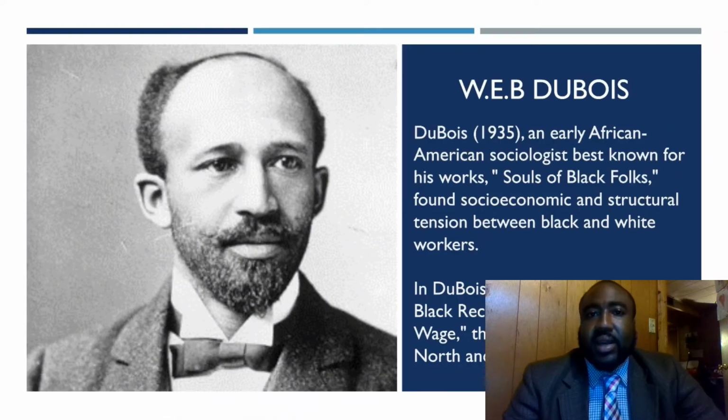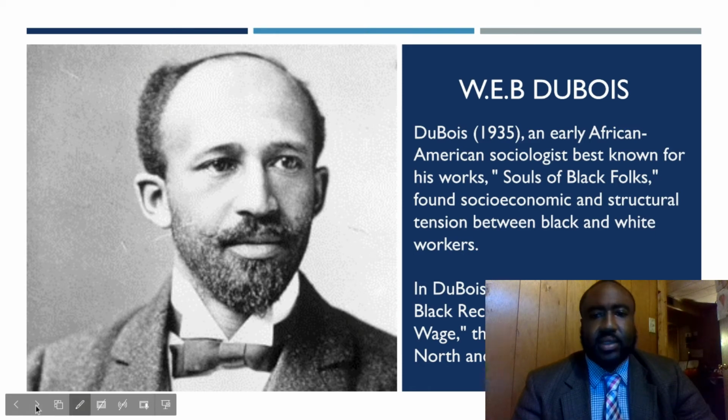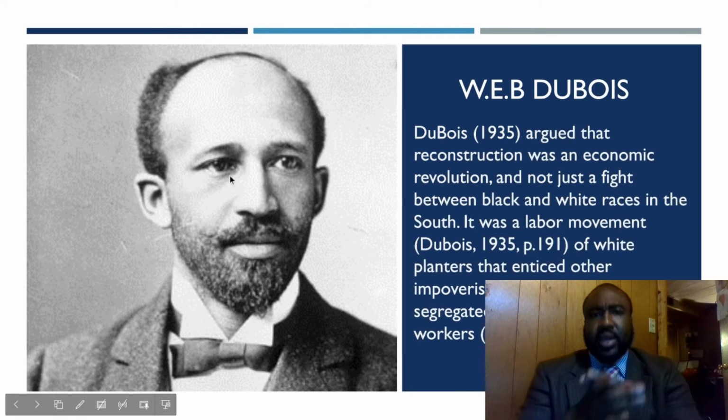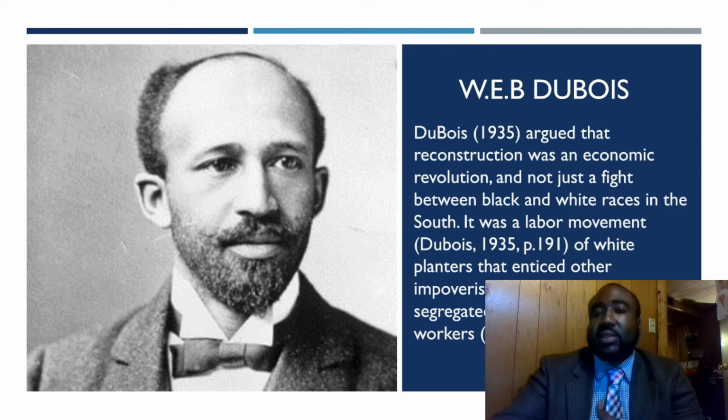Du Bois is my next theorist under conflict theory, and W.E.B. Du Bois had the conflict theory of socioeconomic and structural tension between Black and white workers. Du Bois also said in one of his theories, called Reconstruction and Racial Wage, that there was a racial wage or a constructive process going on to create a new economy after slavery.